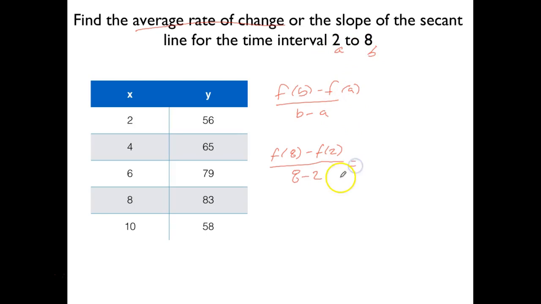These are even easier because your function is given on this table here. f of 8 is 83 minus f of 2, which is 56, all over 8 minus 2, which is 6, right? So now, all you need to do is simplify that. 83 minus 56 is going to be 27. 27 over 6.